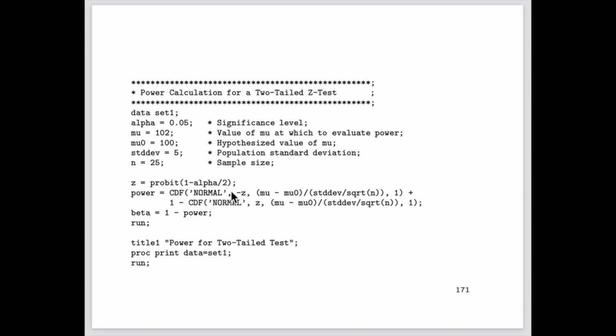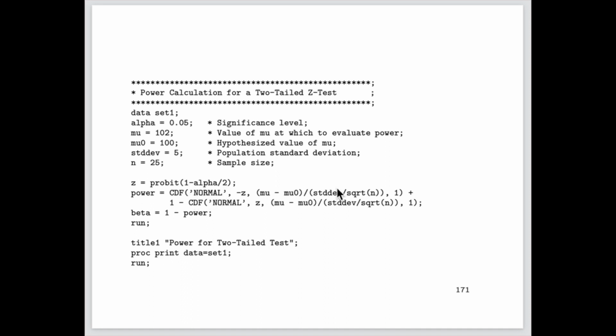All right, here I've got a negative in front of it, and then I've got z by itself there. And so anyway, what this is doing, it's calling the CDF function in SAS, and the first argument of the CDF function is the name of the distribution to use, and in this case it's the normal distribution.